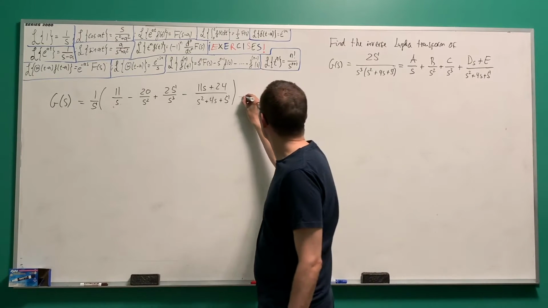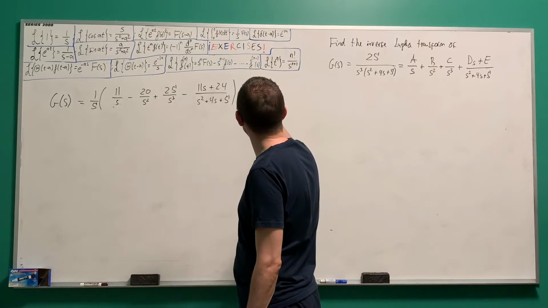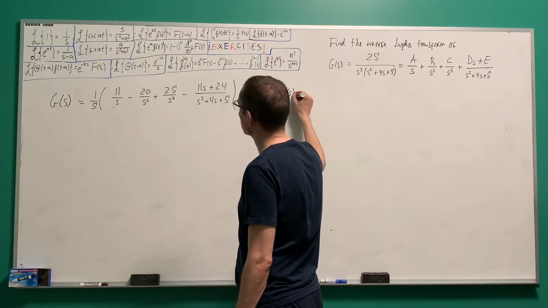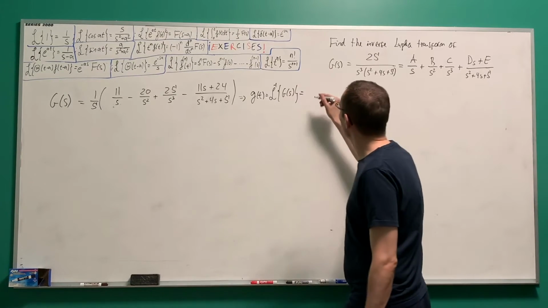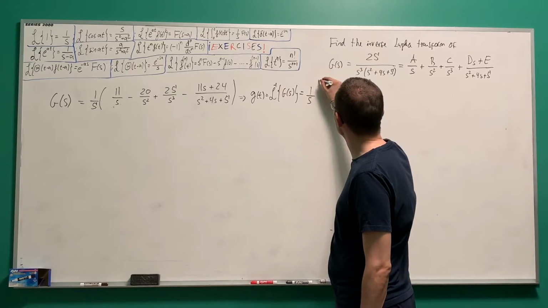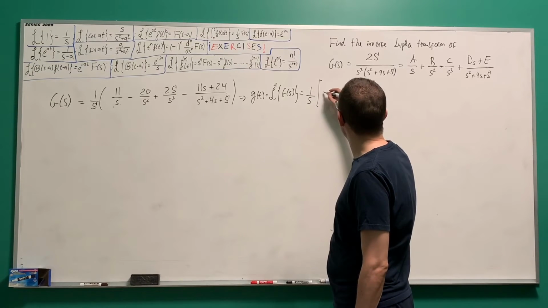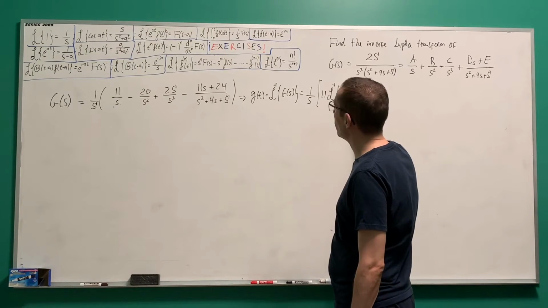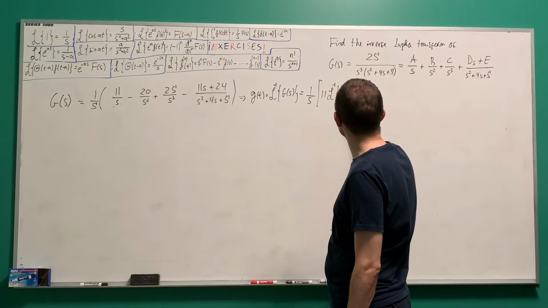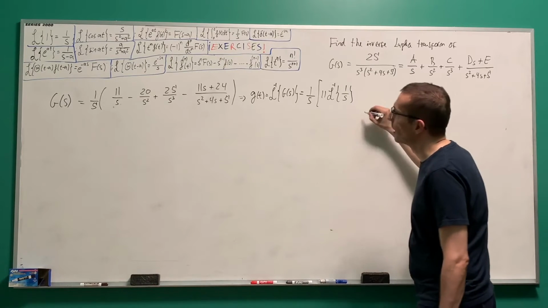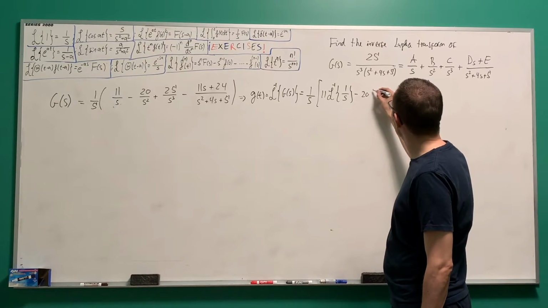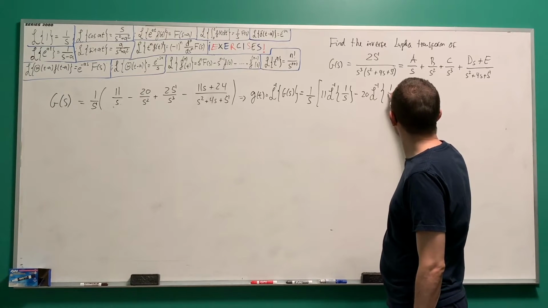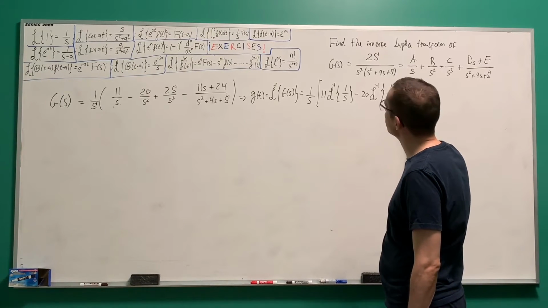So that means that g of t, which is of course the inverse Laplace of capital G of S, is equal to 1 over 5 that factors out, and then the 11 times the inverse Laplace of 1 over S minus 20 inverse Laplace of 1 over S squared.